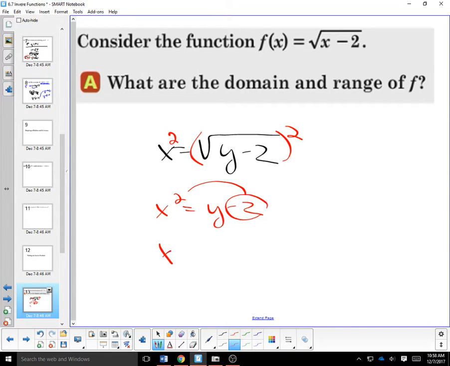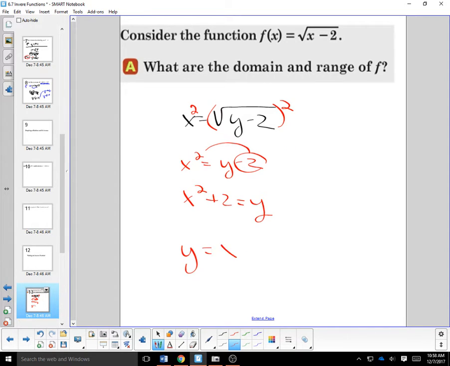Take that 2 over, so you've got x squared plus 2 is y, meaning that y is x squared plus 2. And if you want to see that symmetry, yeah? That's not the range, that is the inverse. I said find me the inverse, okay?